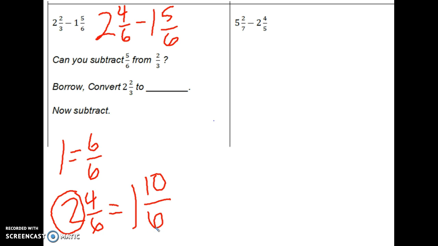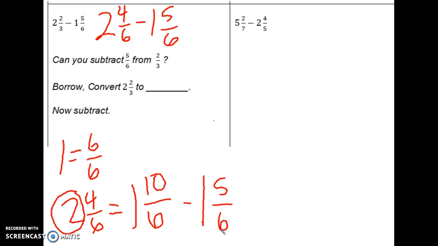So now I have 1 and 10/6 minus 1 and 5/6. So what I've done here is I've converted my fraction. They're still equal. I have not changed the fraction. I've just converted it to another fraction that's of equal terms. So I've borrowed from the whole, and I know that 6/6 equals 1, so then I add the 6/6 to the 4/6 to create 1 and 10/6.